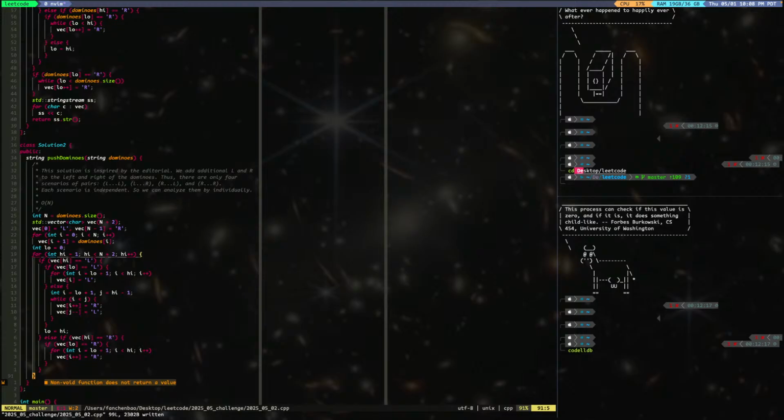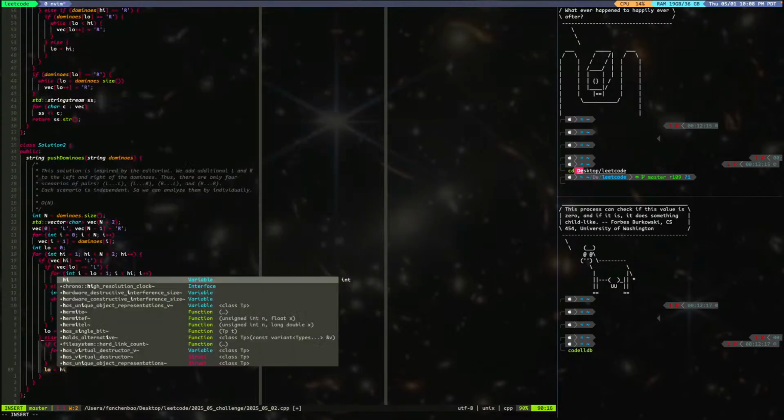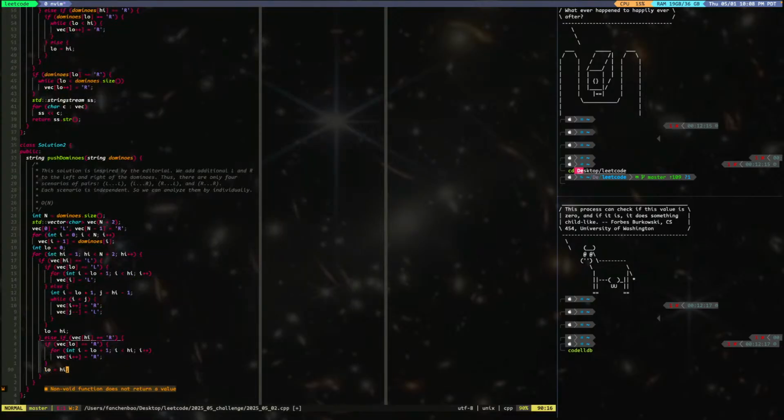So high will keep going, and high will hit the last. Oh, and this one also, low needs to equal to high. Regardless, low will always equal to high, and high does keep moving forward, and then low equal to high, and then done.